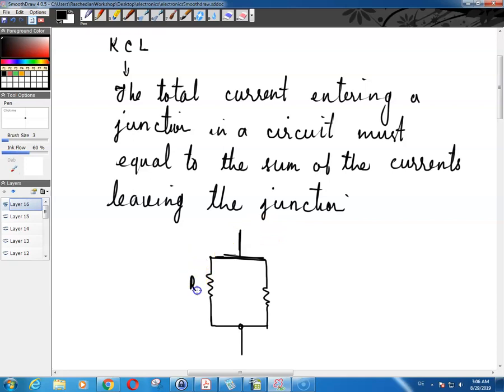You have R1 and R2, and there is some current coming in, I of t. Basically, it doesn't really matter what that is. And then, of course, when I of t gets to this point, it gets divided into I1 and I2.